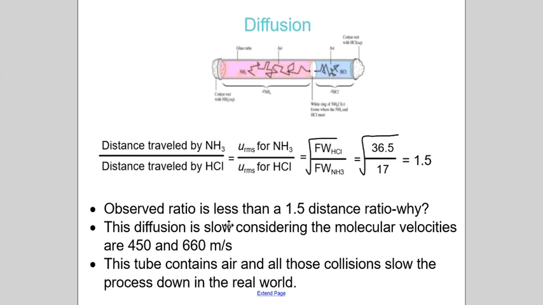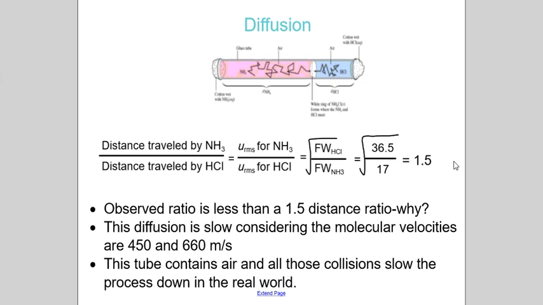So the observed ratio is less than 1.5. Why? So mathematically, if we look at these two gases, here's the distance traveled by ammonia, here's the distance traveled by hydrogen chloride. We get this formula weight ratio, which is this right here. So mathematically, that should come out to 1.5.